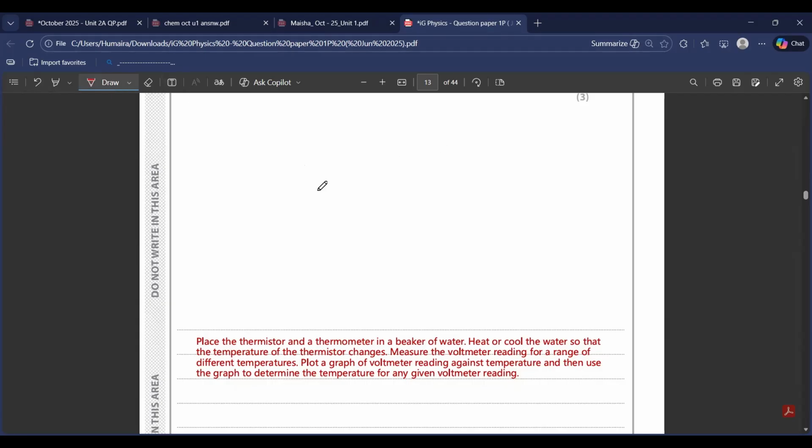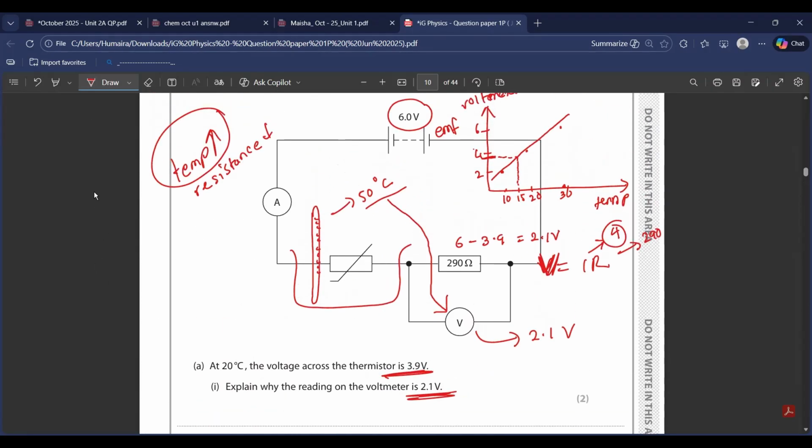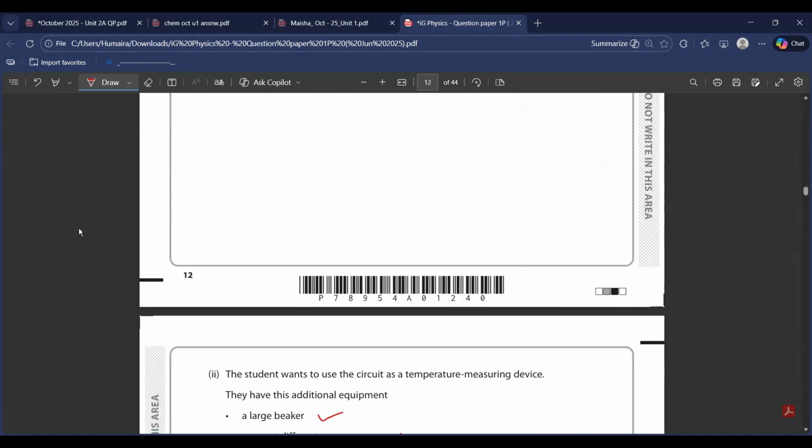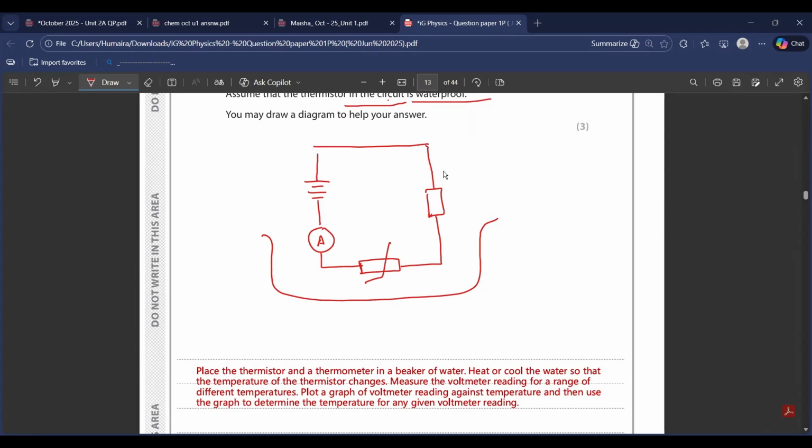Now, about the drawing, we already have the circuit, right? Let me see the circuit once. Yeah, all right. So we have a beaker, and I'm thinking of tilting the circuit a little so that I can have the perfect orientation. So this is my thermistor, and then my fixed resistor with my voltmeter, right?